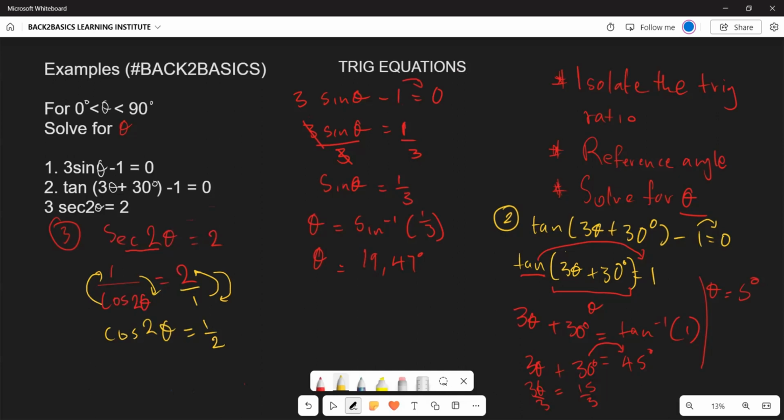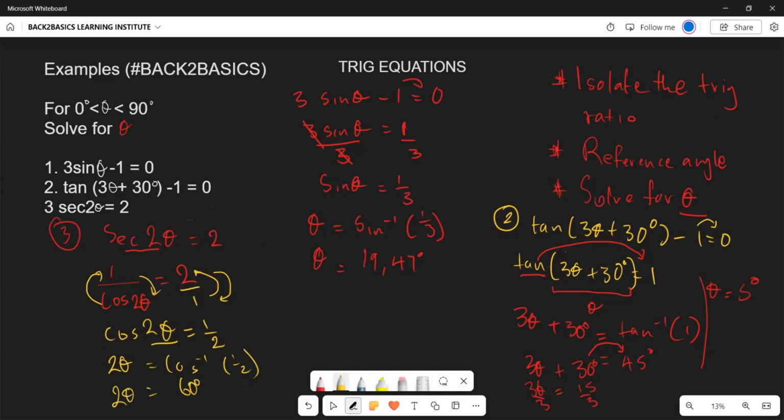Are we together? Then now, when we are here, what we are seeking to solve, we are going to find out what is going to be the arc cos, right? Because remember, you're looking for theta, right? So this is going to be your 2 theta, which is going to be the arc cos of 1 over 2. And then what is going to be that? I think this is going to be your 60 degrees, right?